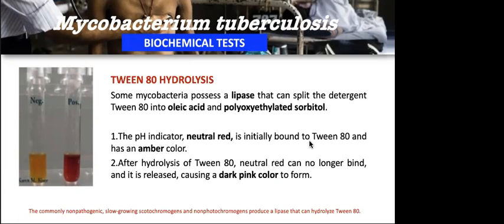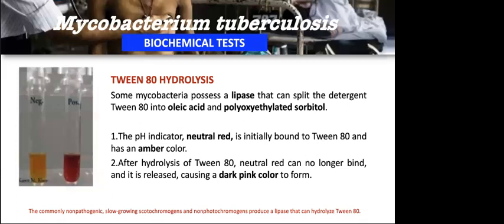So the pH indicator here is neutral red. It's usually bound to Tween 80 and they both have an amber color. So if Tween 80 is hydrolyzed, neutral red can no longer bind with it. Therefore, it will produce a dark pink color.